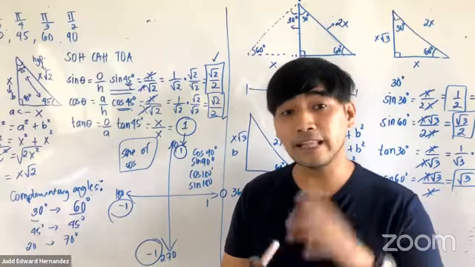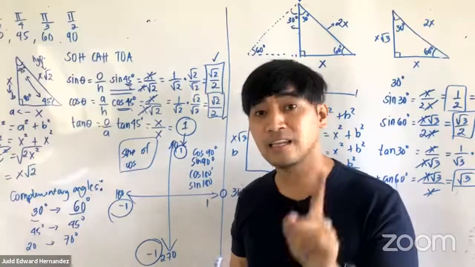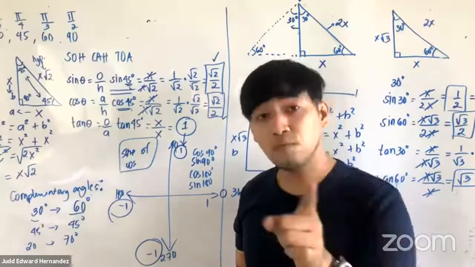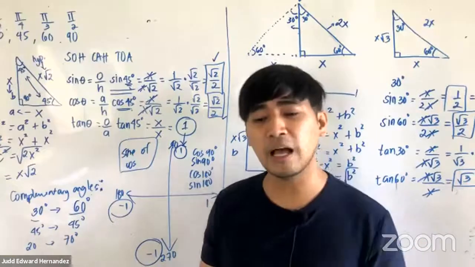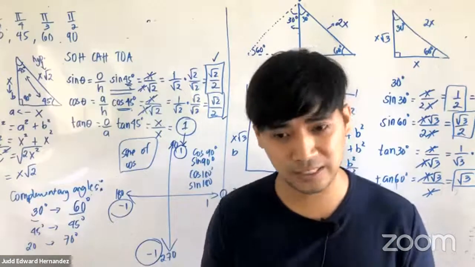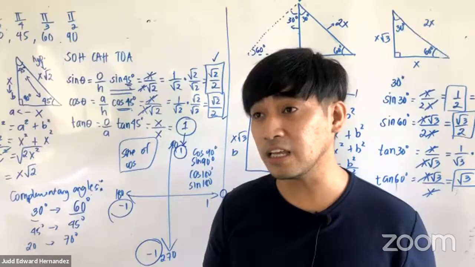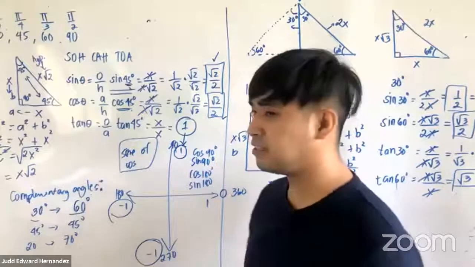Kapag po quadrantal angles, always remember that if the given is quadrantal angles, you will just choose between negative 1, positive 1, and 0. Pero it is not yet applicable for tangent. Since sa tangent, ang lalabas po dyan is infinity or math error. Try nyo nga po, what is tangent 90?